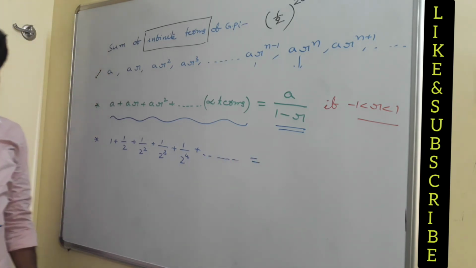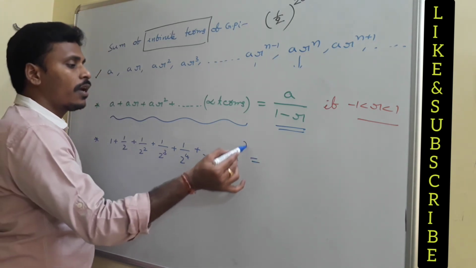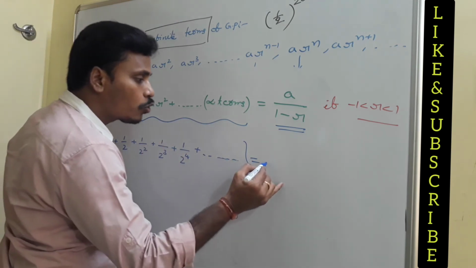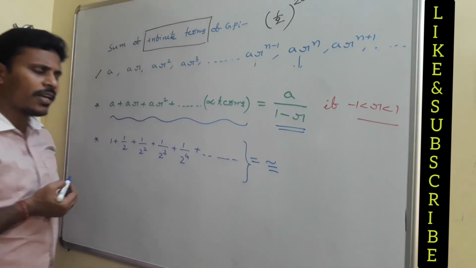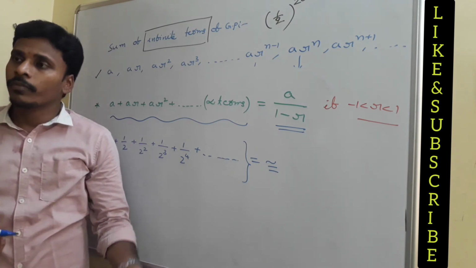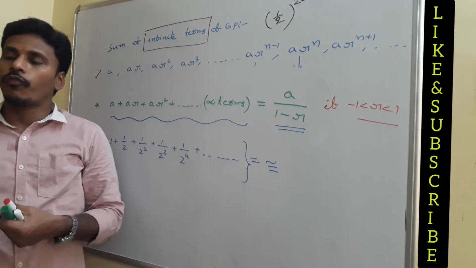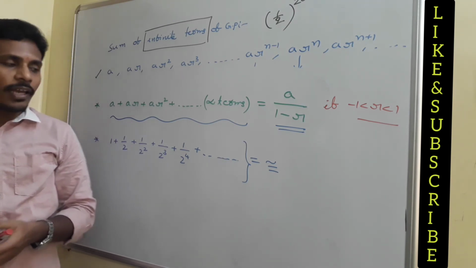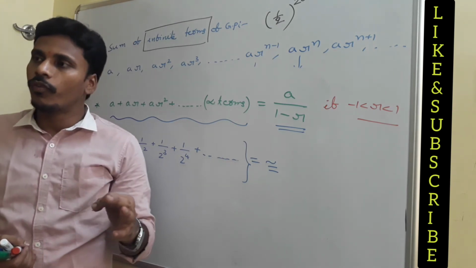If you consider an infinite number of terms, what can we say about its value? Since there are infinite terms, it is very difficult to find the exact value. So we can find only the approximate value for this summation.